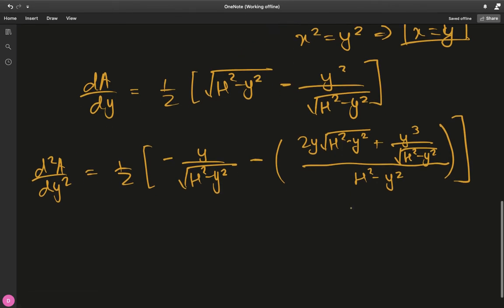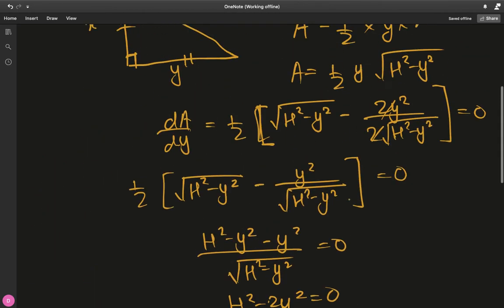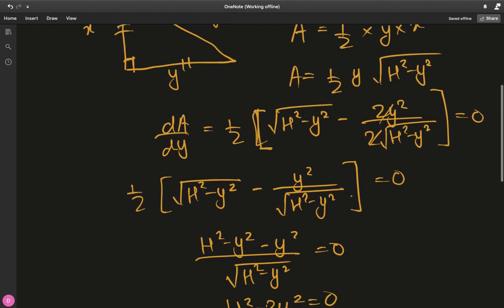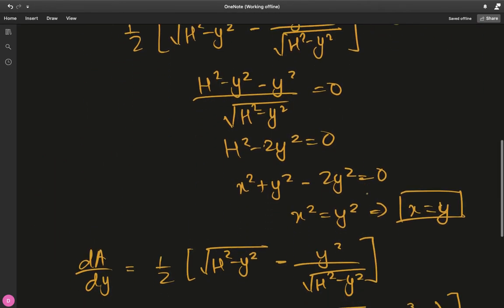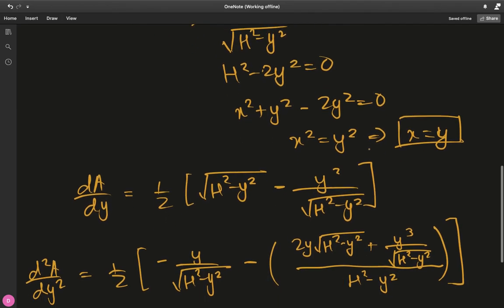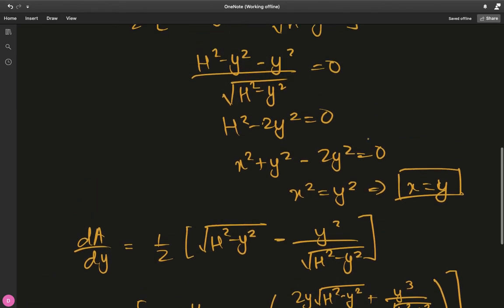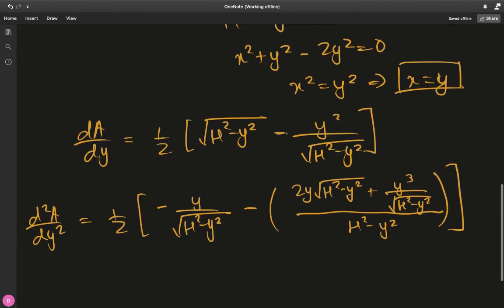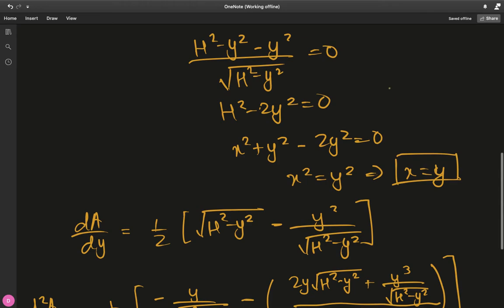But the thing is, we can use this information that we have to specify that it's this point. So we can use the information that h squared minus y squared is equal to y squared from this equation, because x squared was h squared minus y squared, and y squared is just y squared.